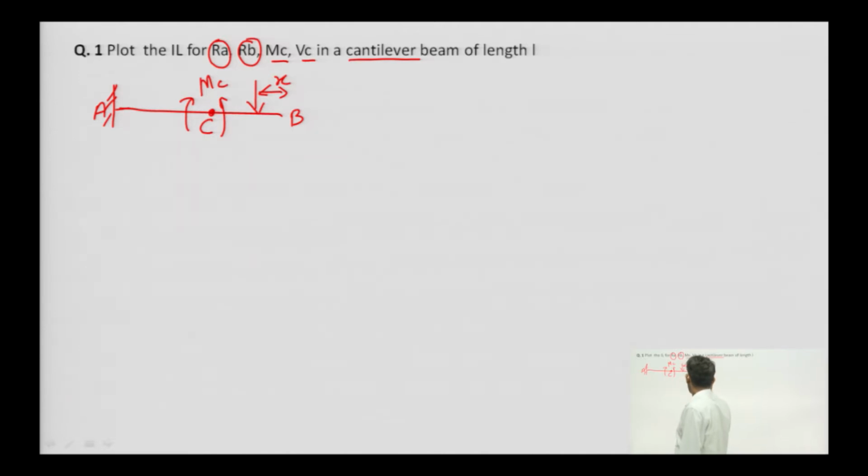Then what will be the equation of MC? Here MC will be how much? Unit load 1 into perpendicular distance.